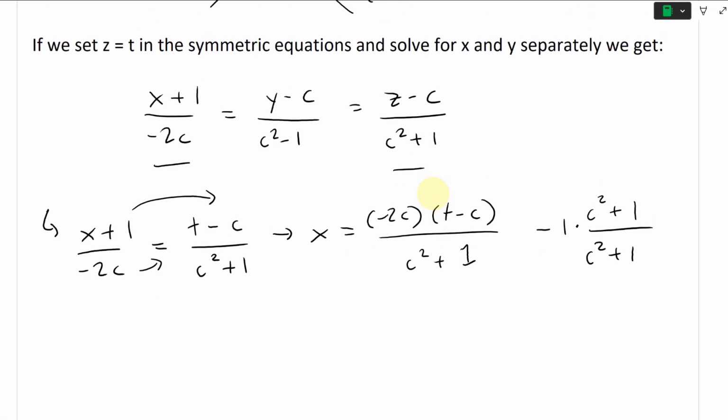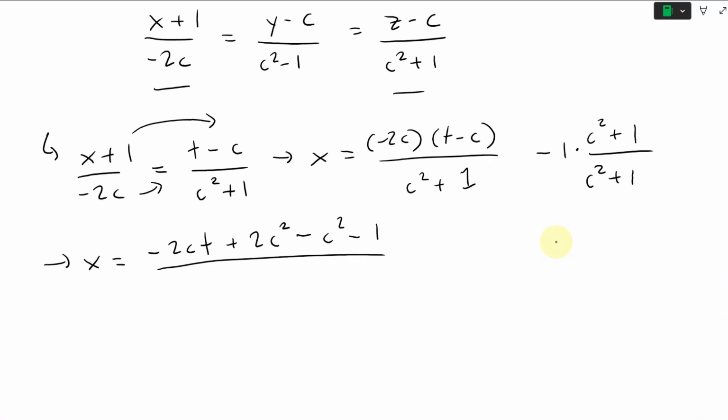So x is equal to negative 2ct, and then move that in, it's going to be plus 2c squared, and now this right here is going to be subtracted by c squared, subtracted by 1, multiplying negative 1 inside, and then all divided by c squared plus 1. This equals negative 2ct, and then plus, right here, c squared minus 1.